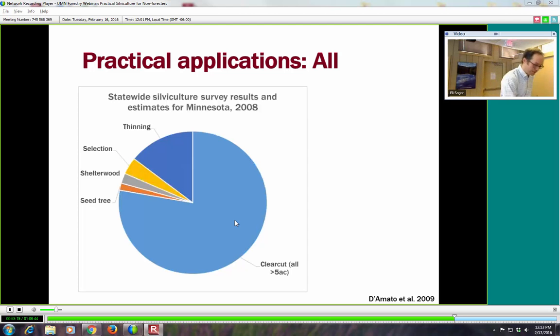Shelterwood, very small percentage. Seed tree is that little orange slice, very small percentage, 2 or 3% in each of those. Selection, maybe 5 or 8%. Thinnings form a larger component, might be 15 or 20%. But the vast majority of the harvesting in Minnesota is clear-cut harvesting, clear-cut silviculture designed to favor light-demanding species.